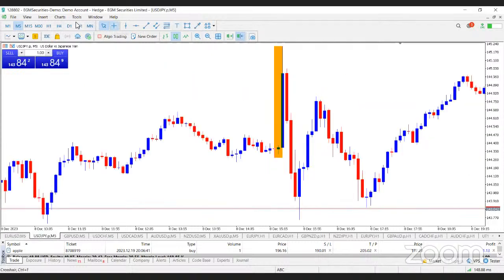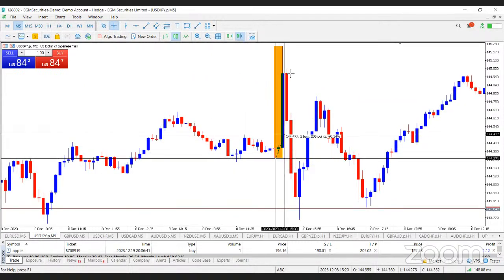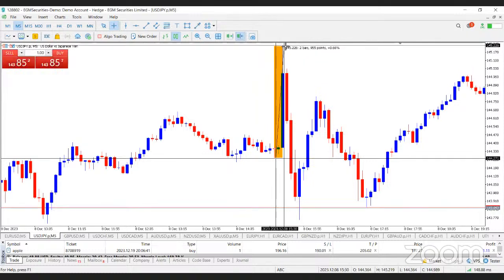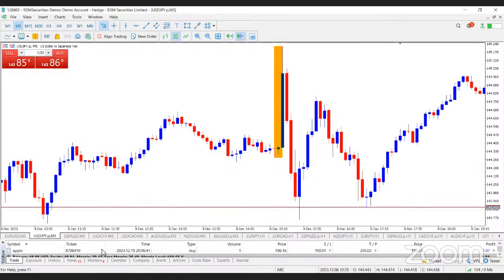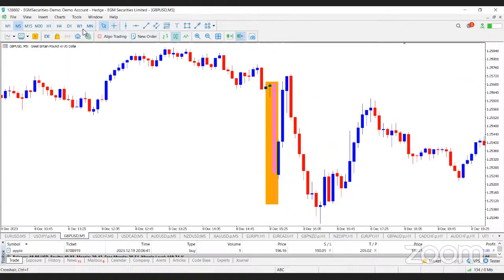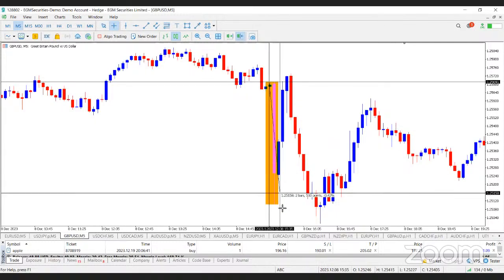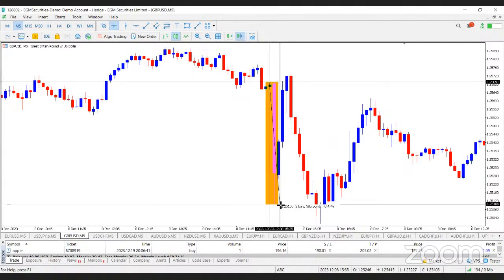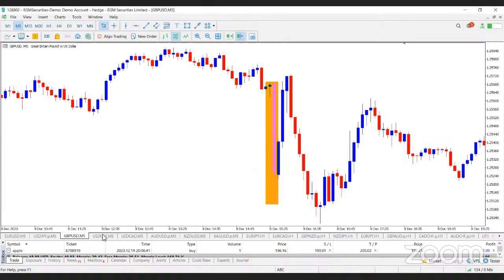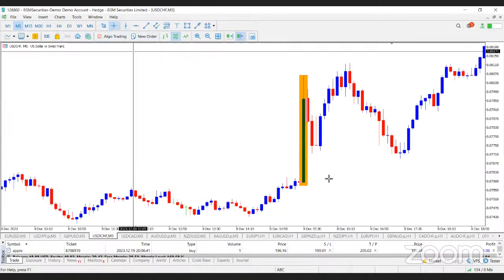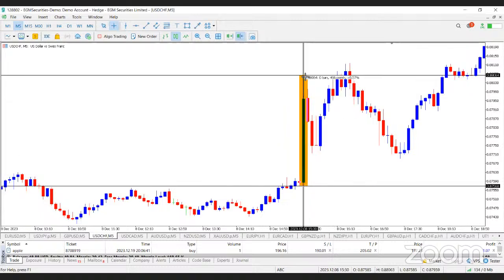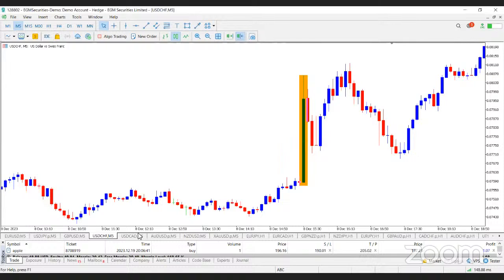USD JPY rose by around 95 pips. So if you're in a buy position at around 4:30, chances were high for you to make money during that time. Then GBP USD also had a significant drop by around 58 pips. USD CHF, there was a marginal rise by around 49 pips.